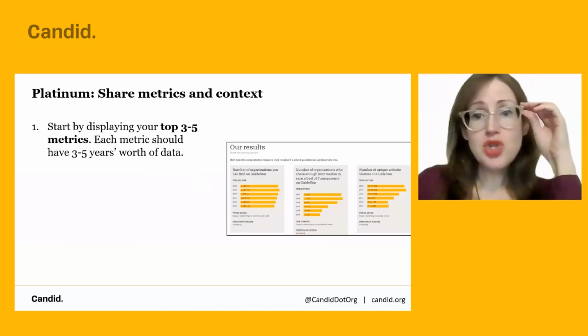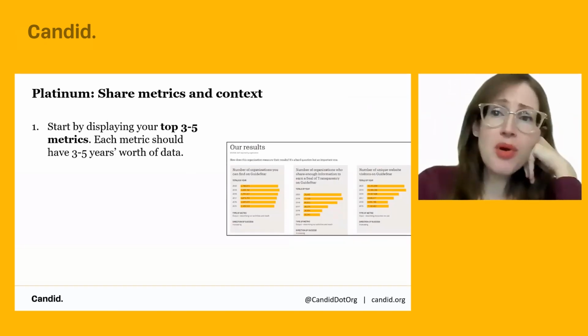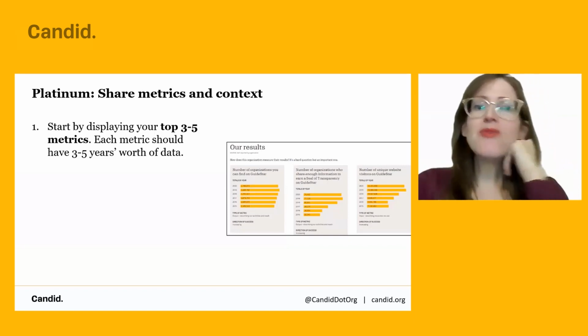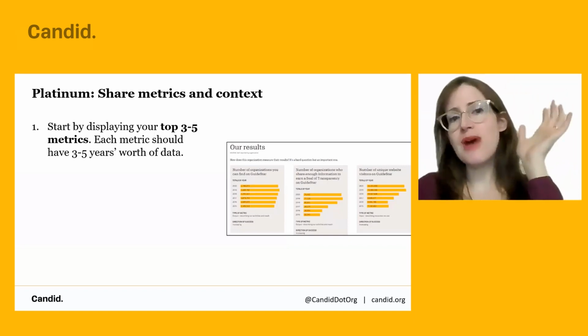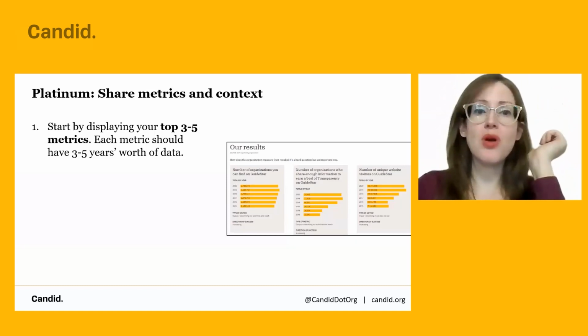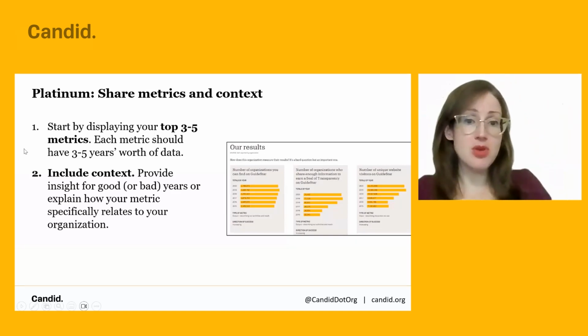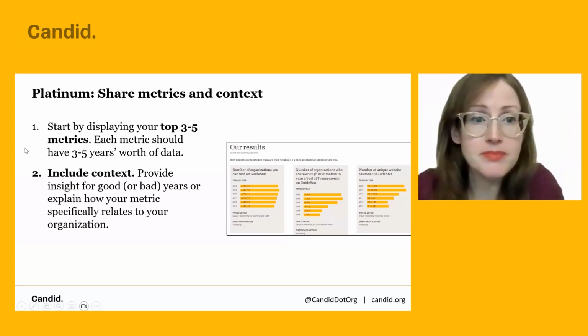And then when it comes to showing the impact of your work, find some metrics. So look through your programs and figure out maybe 3 to 5 metrics that are showing the results of the work that you do. And each of these metrics should have roughly 3 to 5 years worth of data available.